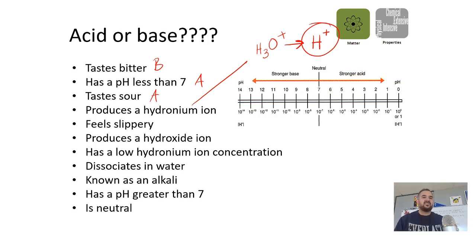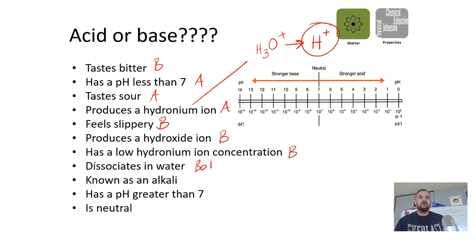So what produces hydronium? Acid or base? Acid, good. Feels slippery. Produce hydroxide. Has low hydronium ion concentration. That's going to be base. Dissociate in water.